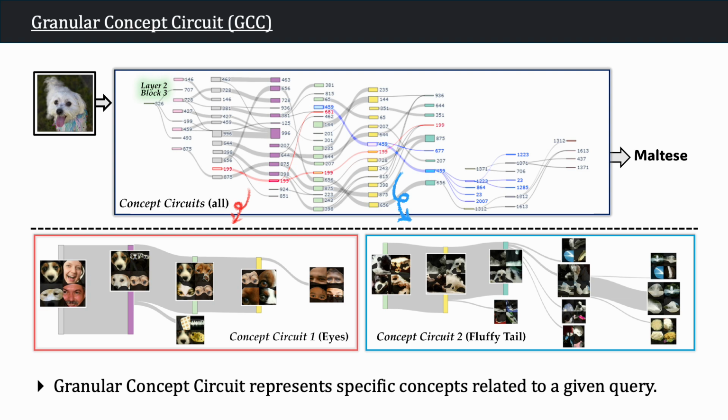For example, when a Maltese dog image is given as a query, our method can separately discover the circuits associated with the eyes concept or the fluffy tail concept within that image. Importantly, the discovered concepts are not restricted to the class level. As long as they are conceptually relevant to the queries, our method can capture them even if they are not directly tied to the labeled classes.